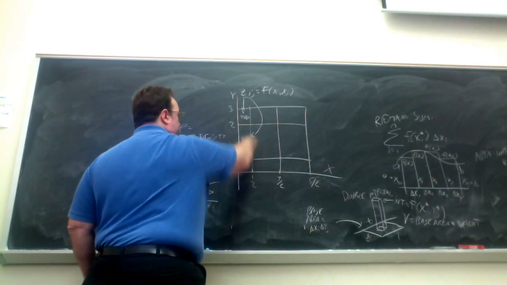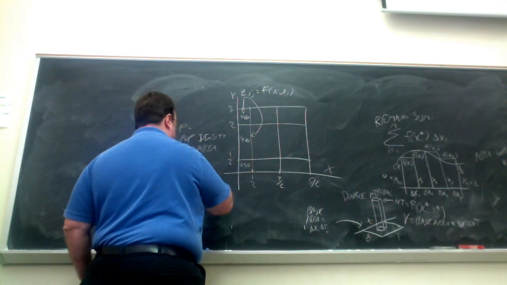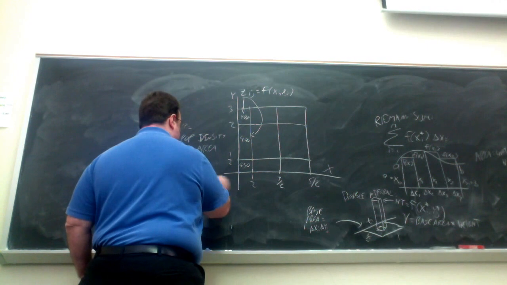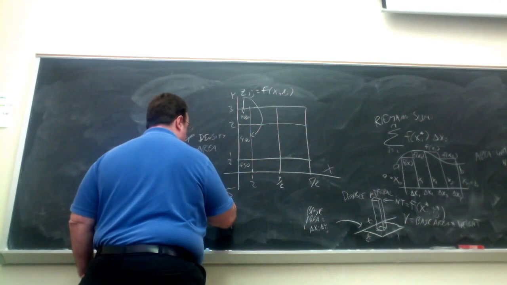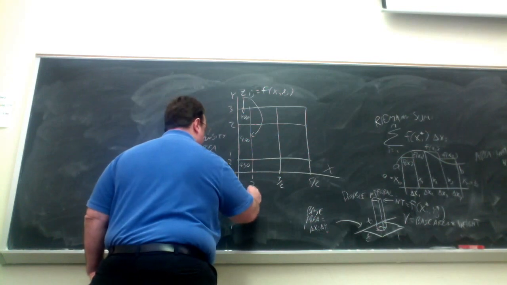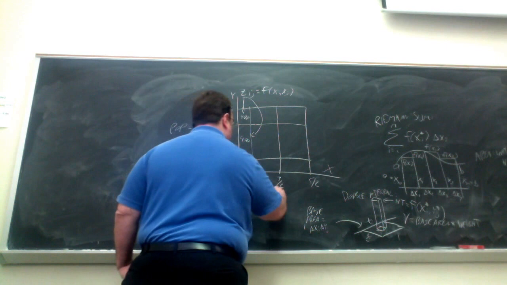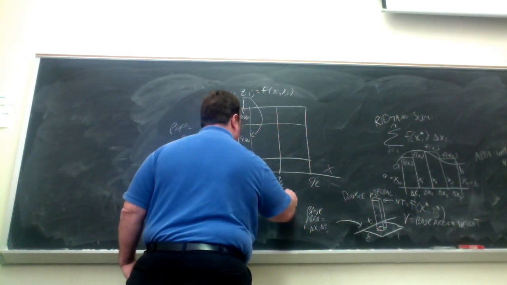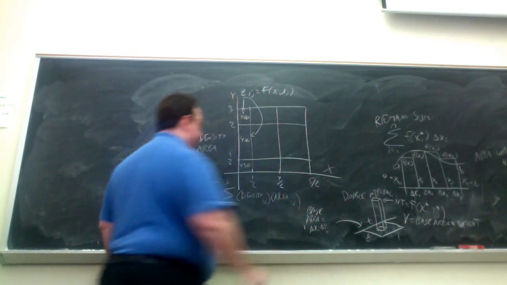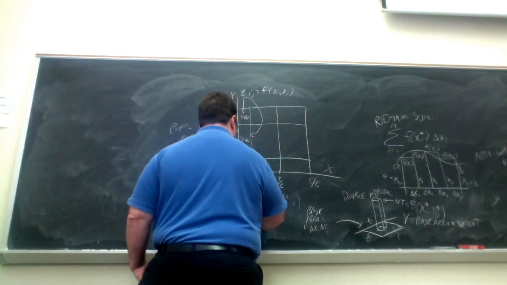You have 3 subintervals in each direction then. So you'd have your density in the ij rectangle times the area of the ij rectangle. So this is like your double Riemann sum.